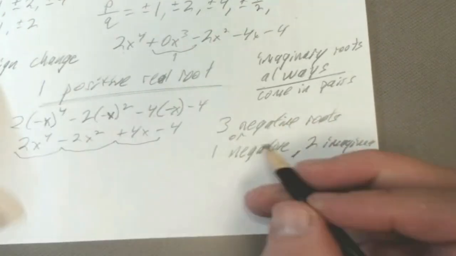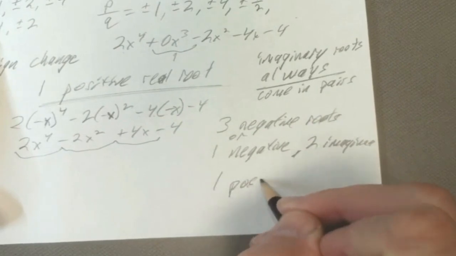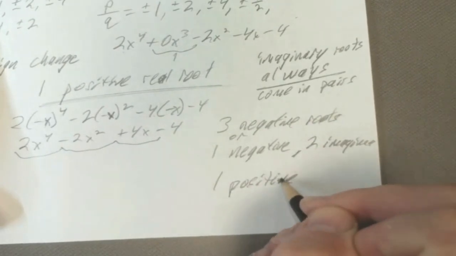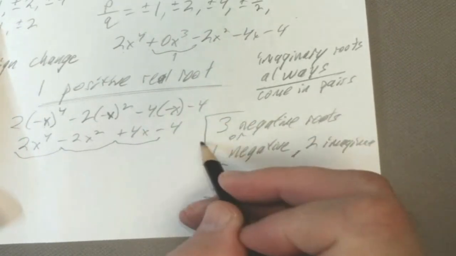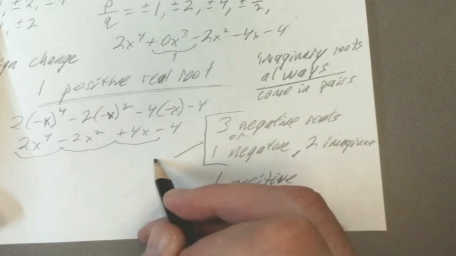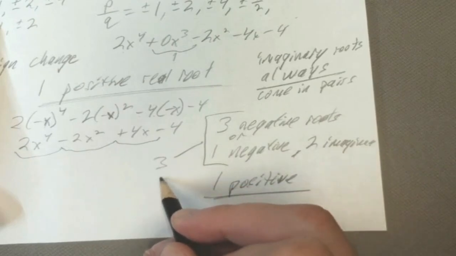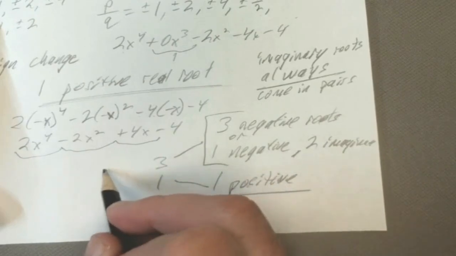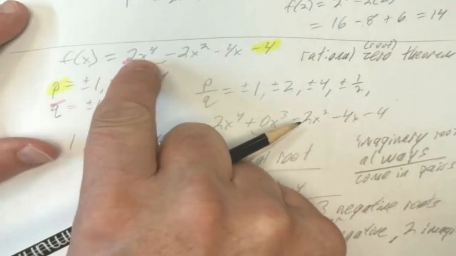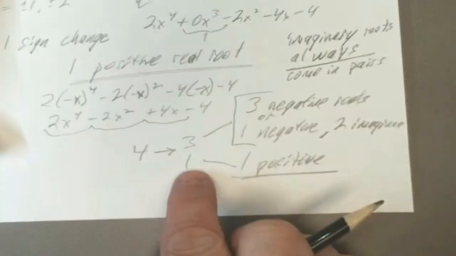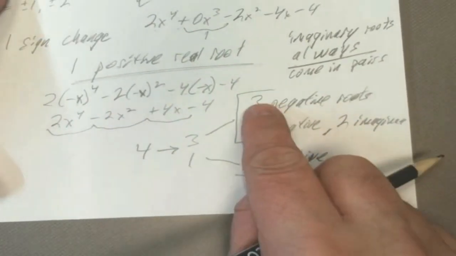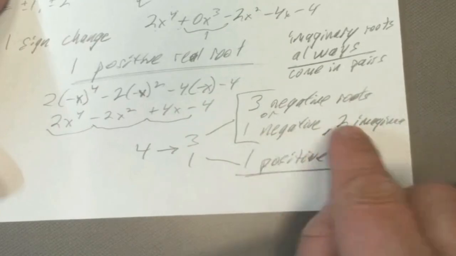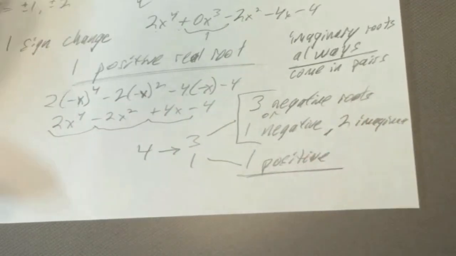But there's definitely one positive. Because there's four roots altogether, right? This is a fourth degree equation. So there are four roots. And of those four, one of them is positive, three or one is negative. It's either three or there's one and two imaginary.